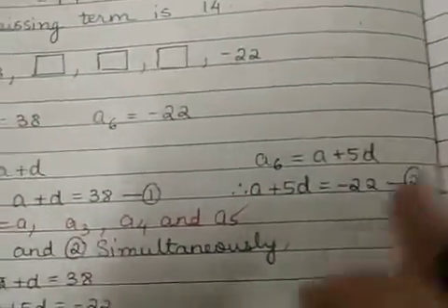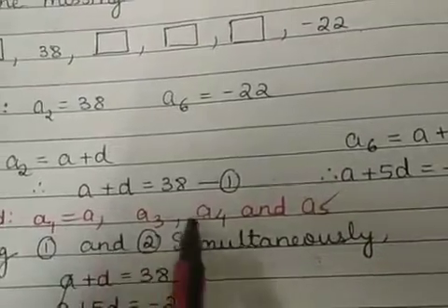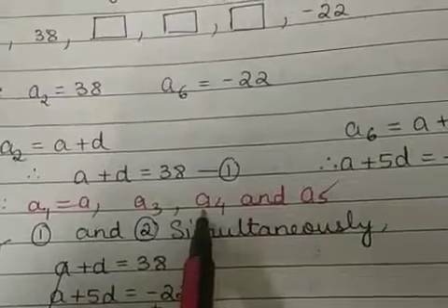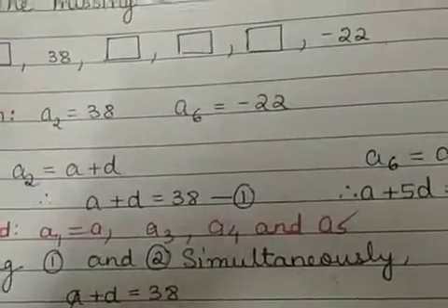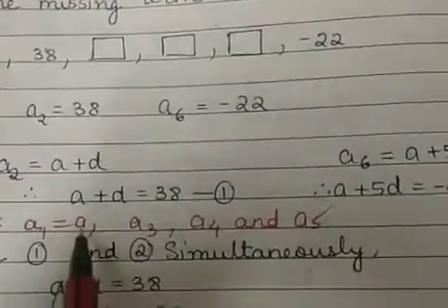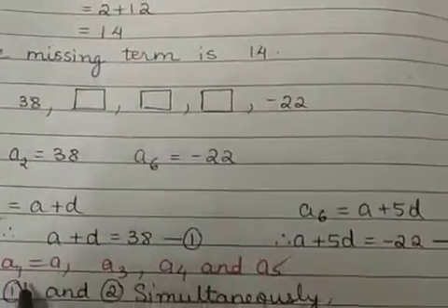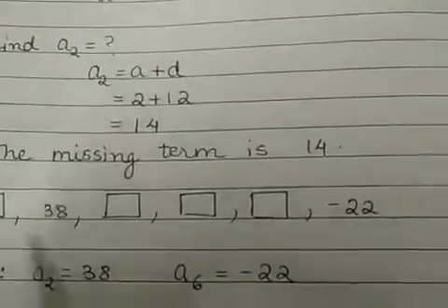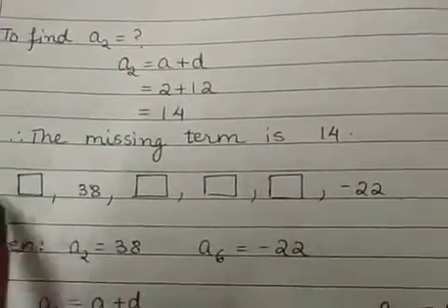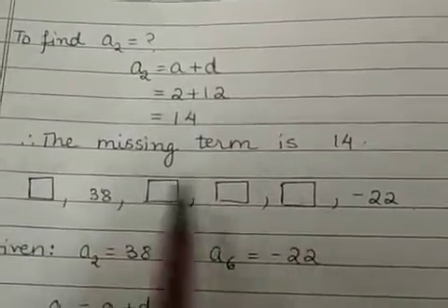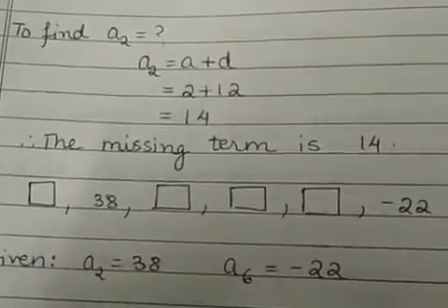Now you know that if you want to find any of these terms, you should know the first term and the common difference, because in every formula you have A and D, correct? Now if you look at the numbers given in the AP, you neither know the first term nor can you find the common difference.